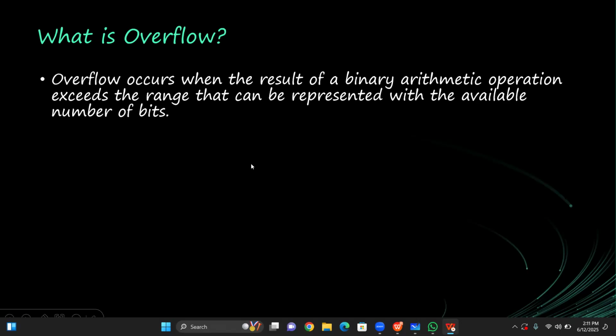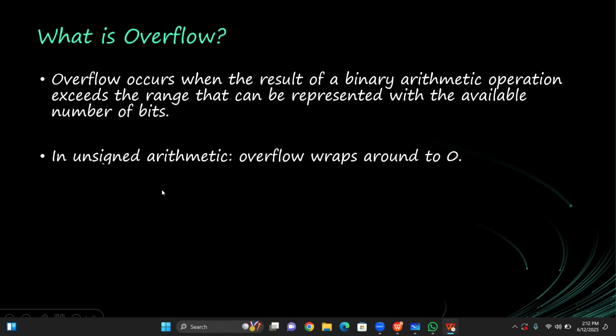All right. So when you're representing that data, especially when you're programming, most of the programming languages actually handle these things for you. Sometimes when the result is going to be bigger than the number of bits, the system handles it for you. So in unsigned arithmetic, overflow will wrap around to 0.